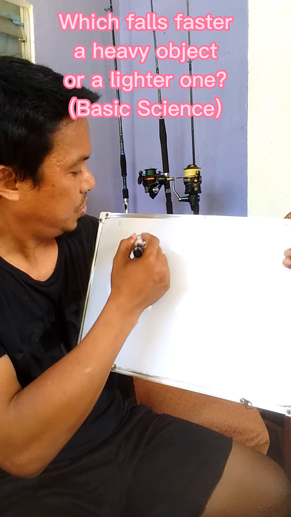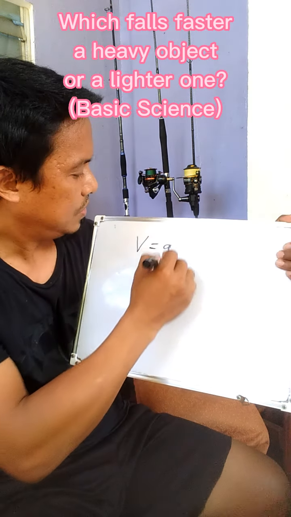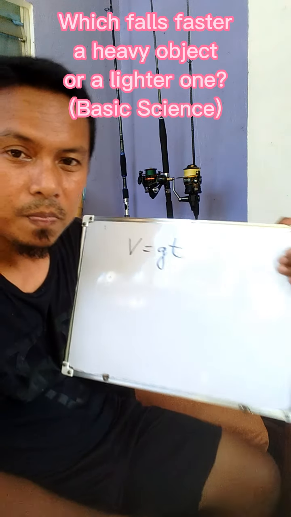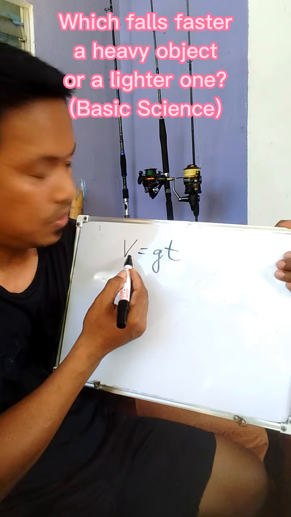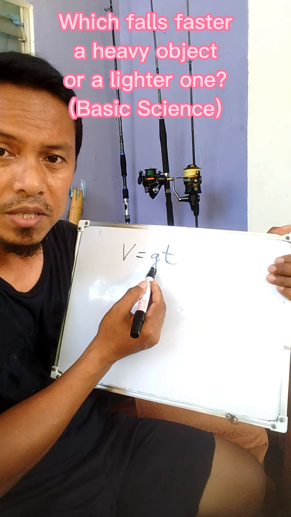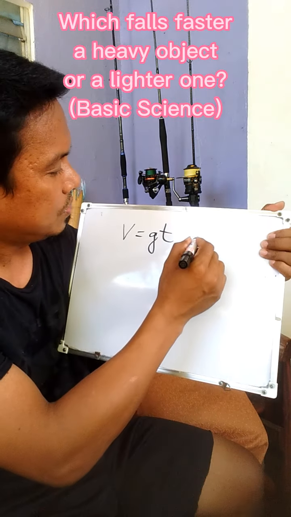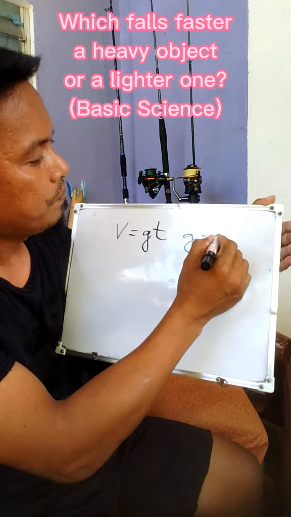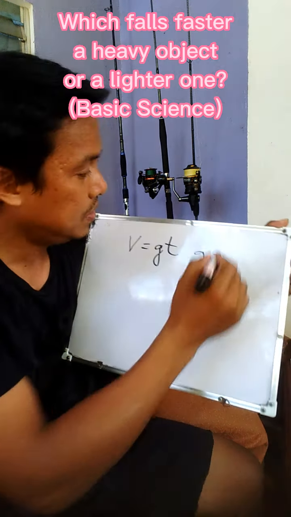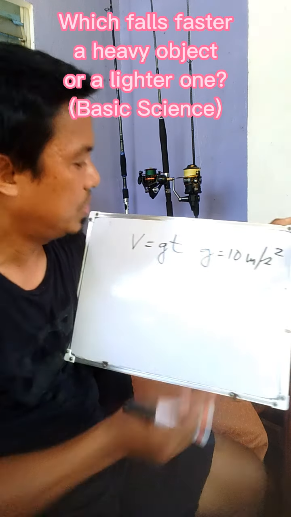You have to use this very simple equation, v equals gt. V stands for instantaneous velocity, g stands for acceleration due to gravity, and t stands for time. And take note, g has a value of, for convenience, 10 meters per second squared.